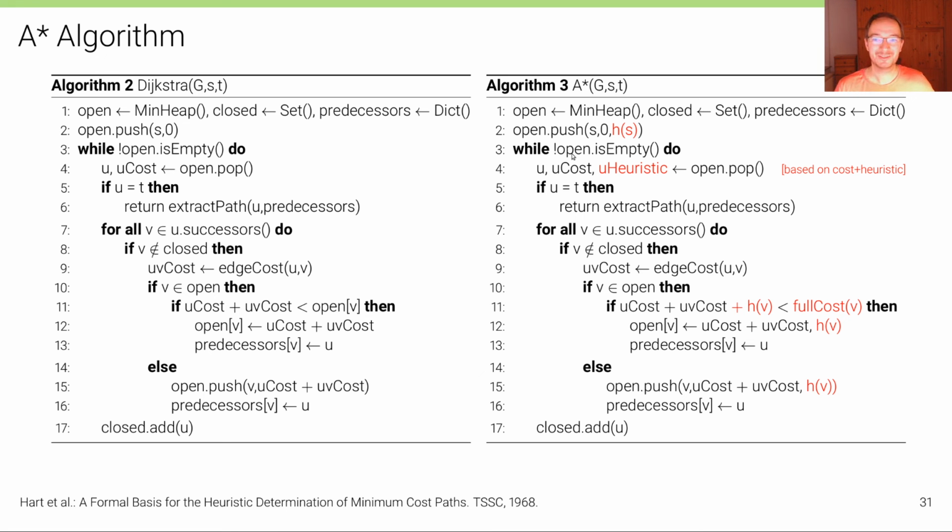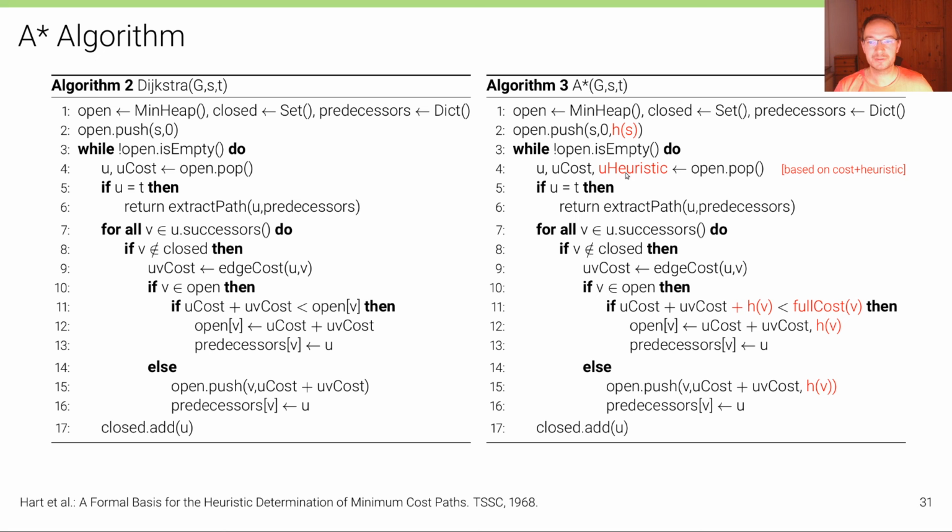So what we're then going to do is, while the open min heap is not empty, as before, pop an element from that min heap, but now this element is popped based on the cost plus the heuristic. So the min heap is arranged based on the cost plus heuristic, not just the cost as before.